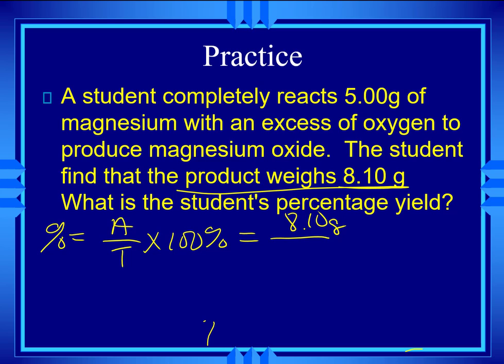What about the theoretical yield? Can I just put that 5 grams there? No, because that 5 grams is magnesium. My product is not magnesium. So I got to figure out how much I could have made. So I want to get rid of grams of magnesium, change it to moles of magnesium.